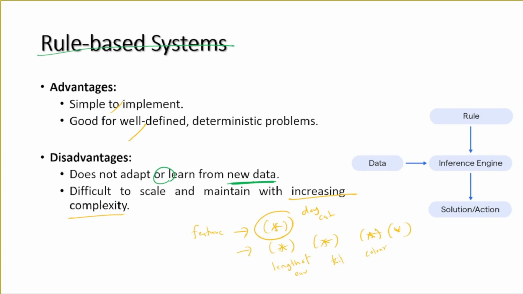Some people might have heard about two-color cats, meaning male or female. Have you seen those sayings? If a cat has two colors, is it male or female? Things like that, and the others. So when we talk about cat and dog, it might be easy, but when we enlarge or increase the complexity of the data, that would be difficult for rule-based.